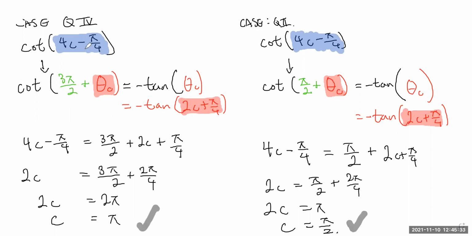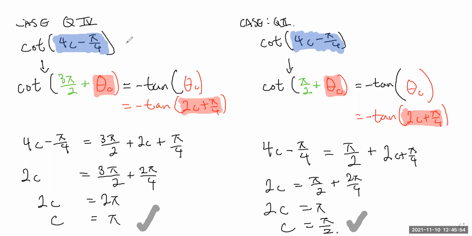I'm going to leave the video here, and I'll just wait for you to double check my answer to see if I made any mistakes algebraically. But yeah, if it's case 2, c value could be pi over 2, which makes this true. Case 4, if c is a pi, it also makes it true.